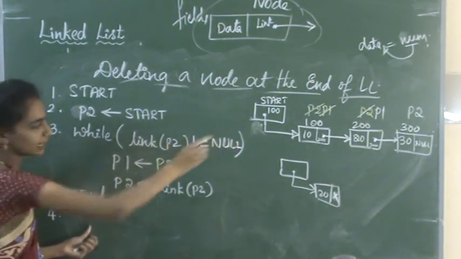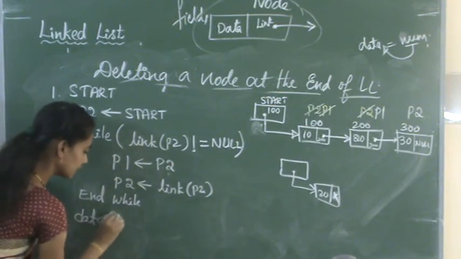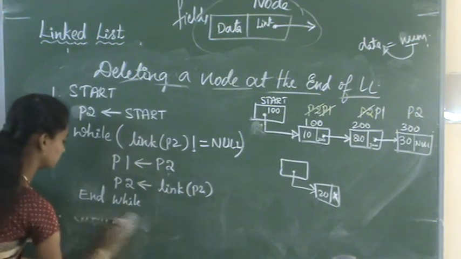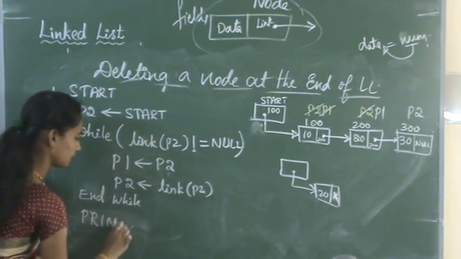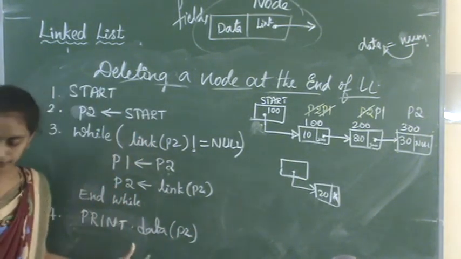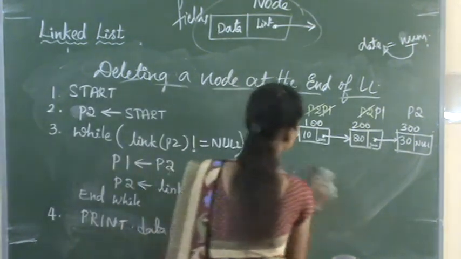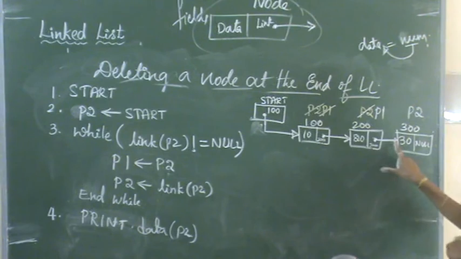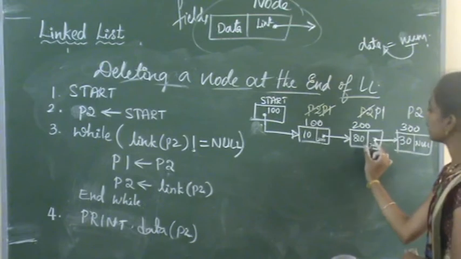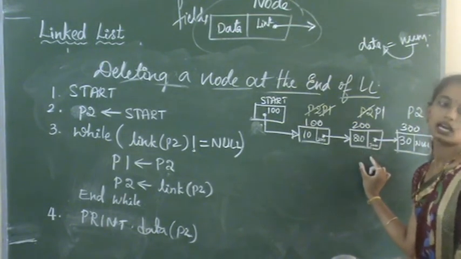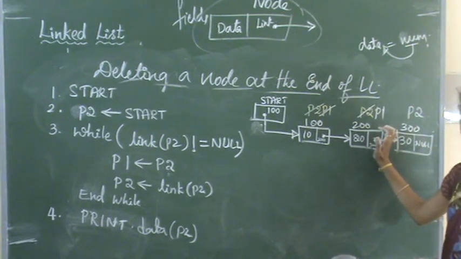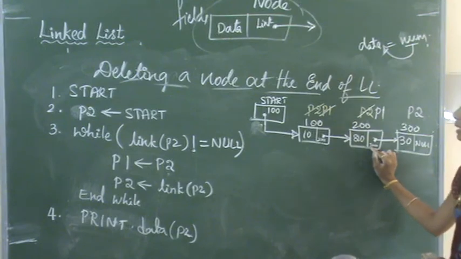We have to print that last element, which means print data of P2. After printing this data, we have to remove it. If we want to remove the last element, we have to assign the previous element as null.